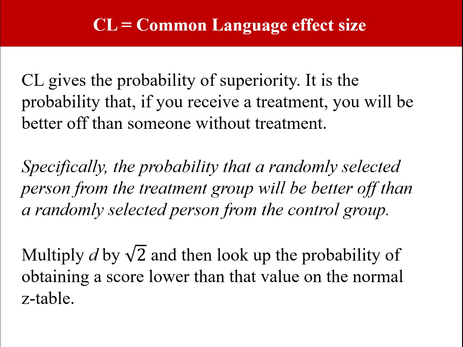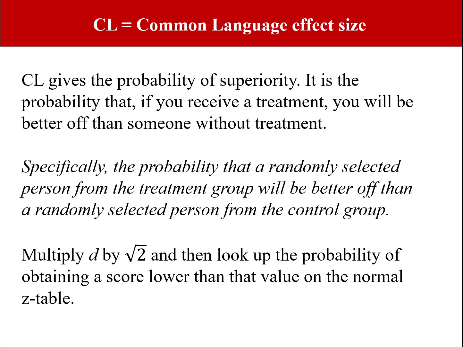And this can be especially important if you're a clinical psychologist or if you're a medical practitioner, and if you give treatments to patients or to clients, because part of ethical practice means you have to gain informed consent before administering treatments. So how do you get informed consent if a client or a patient doesn't understand what the effect size is?